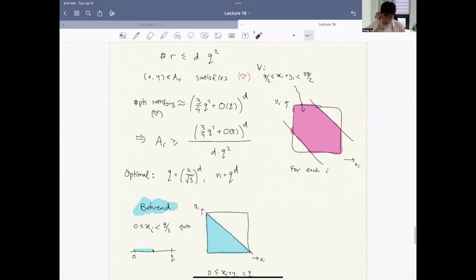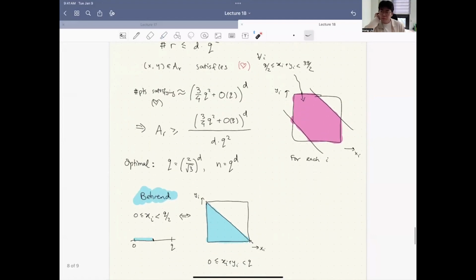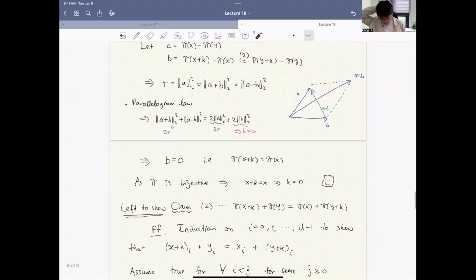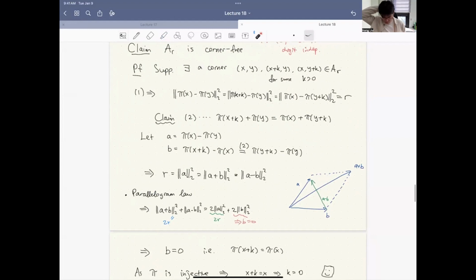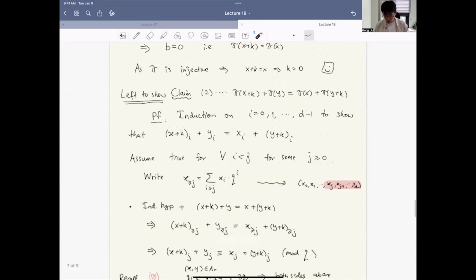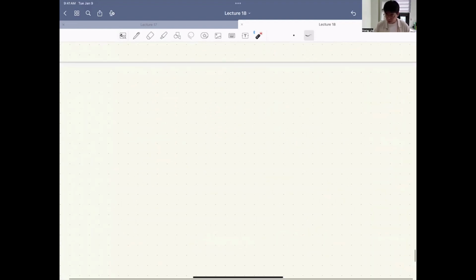Any question for this construction? Okay, if there's no question, let's move on to the next problem.